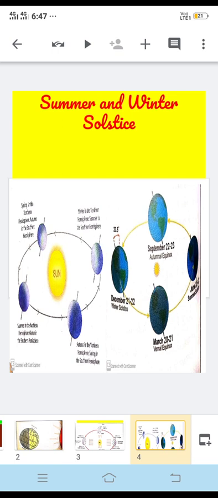Since a large portion of the northern hemisphere is getting light from the sun, it is summer in the regions north of the equator.